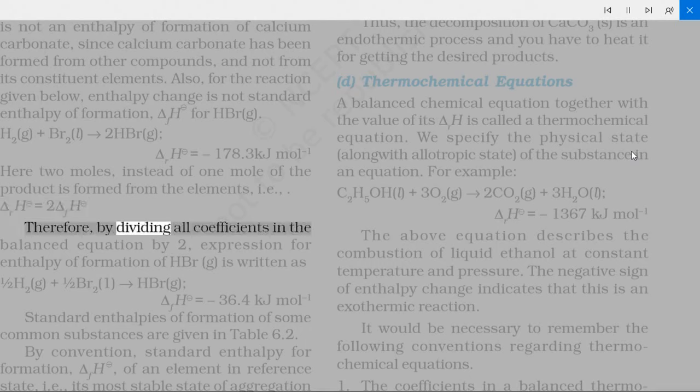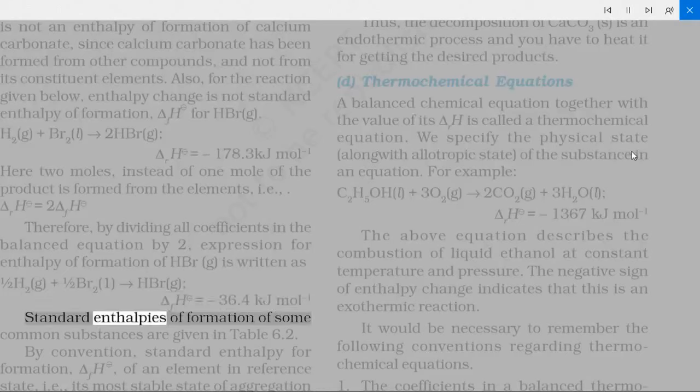Therefore, by dividing all coefficients in the balanced equation by 2, the expression for enthalpy of formation of HBr(g) is written as ½H2(g) + ½Br2(l) → HBr(g), ΔfH° = −36.4 kJ mol⁻¹.